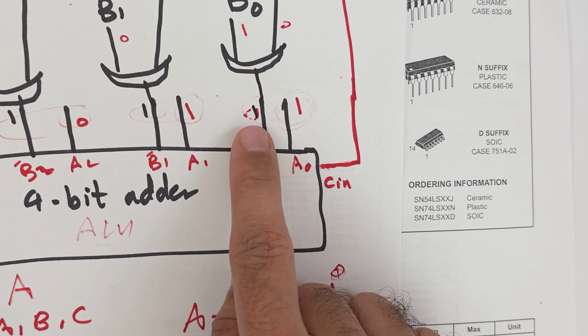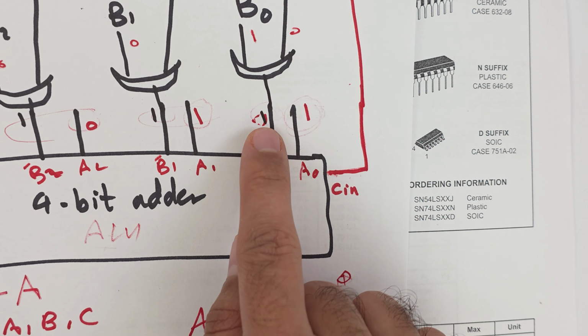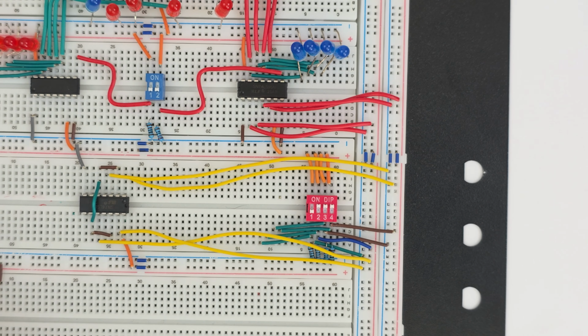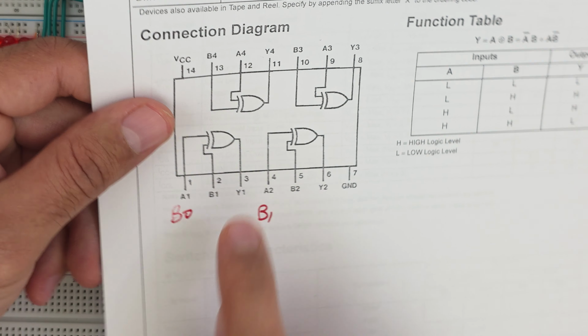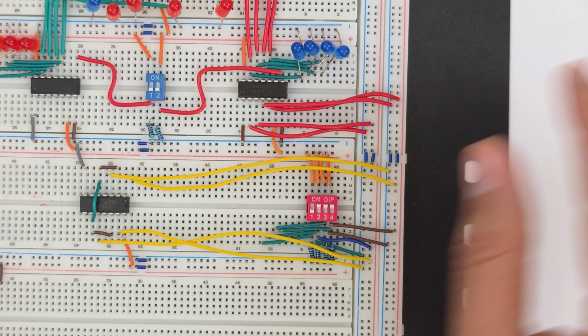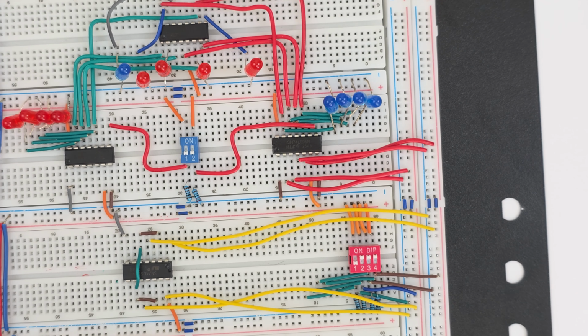So which pin of the XOR gate IC is this output represented by? So if you look at the logic gates, we are talking about pin number 3. So I am going to come here to pin number 3. Where are these wires?